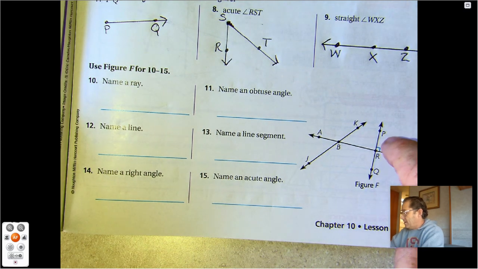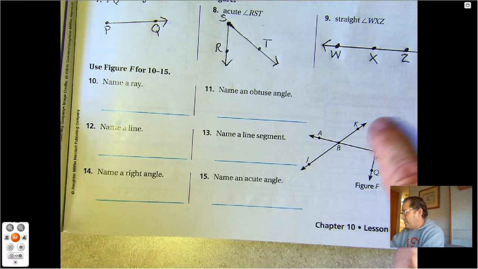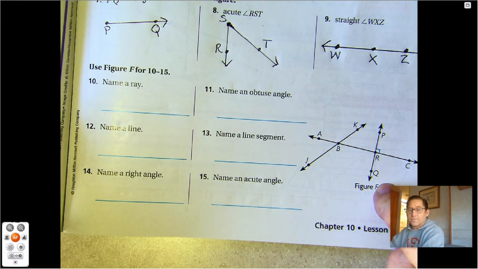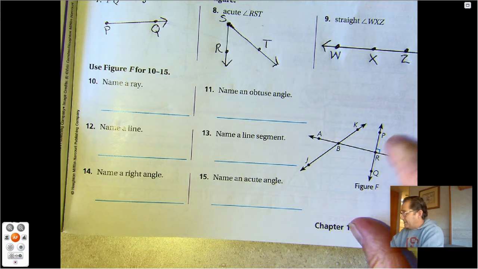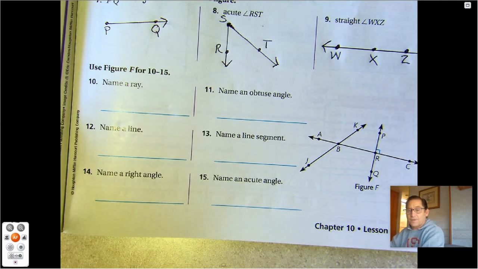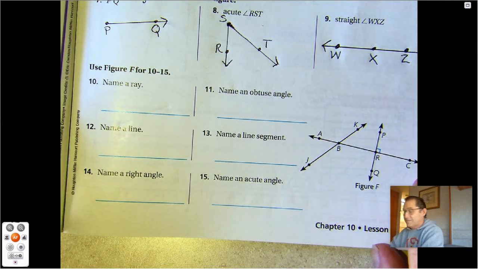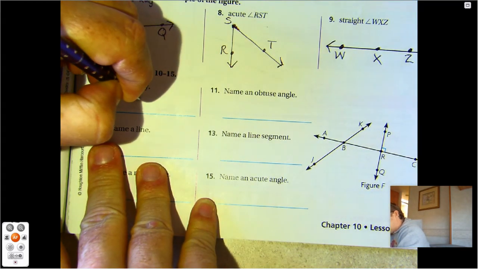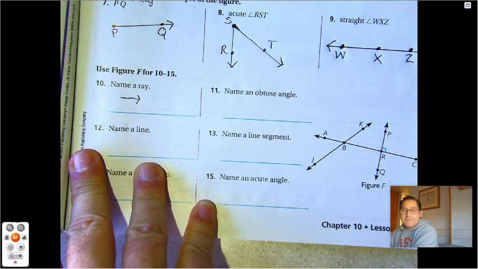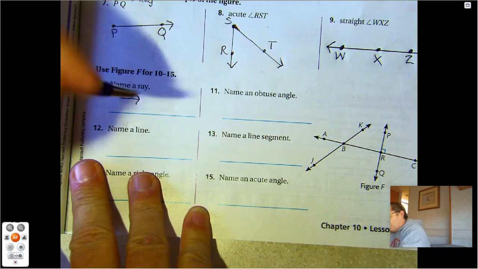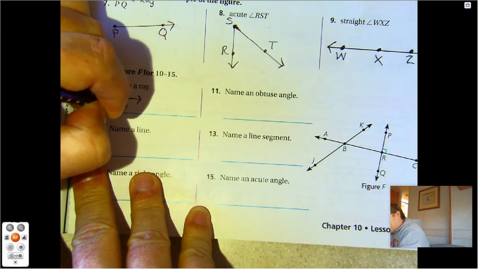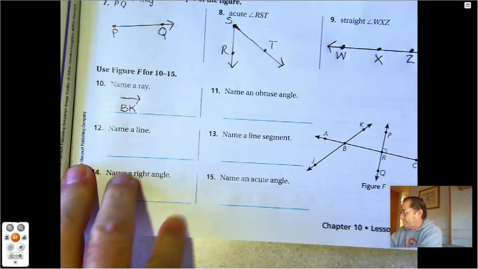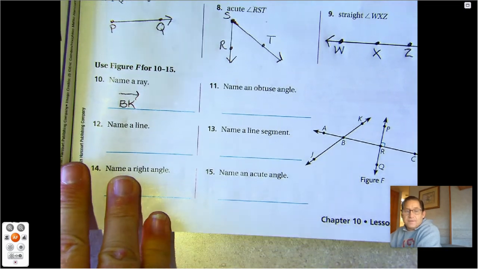I could say RP, RC, RQ. I could say RA, RC. So just choose a ray. Put the symbol for the ray, and I'm going to use BK. It doesn't matter. There are several rays there.